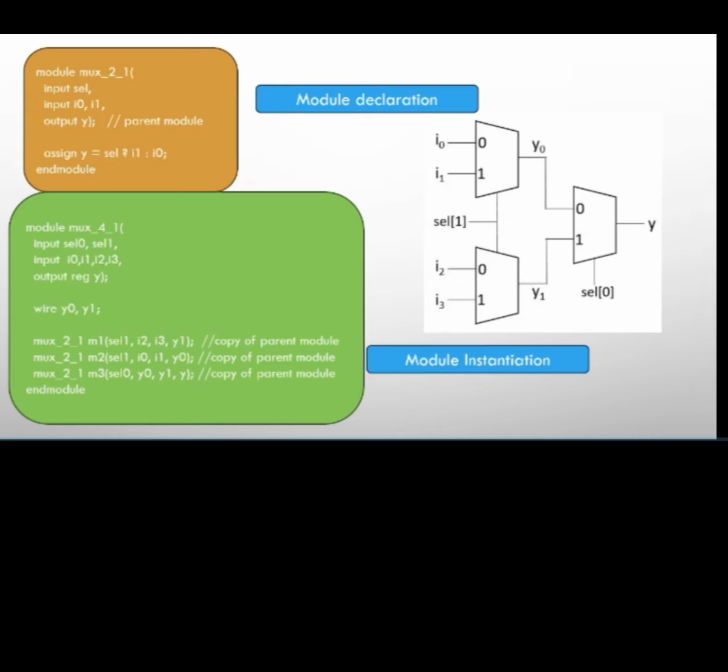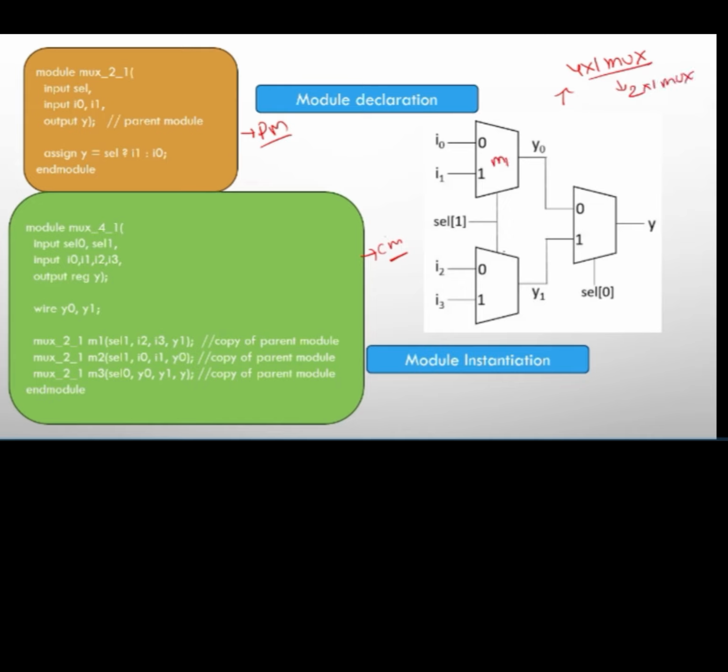Coming to this module declaration, this is my parent module and this is my child module. This is actually my 4 by 1 mux. Now I am designing my 4 by 1 mux using only 2 by 1 muxes.